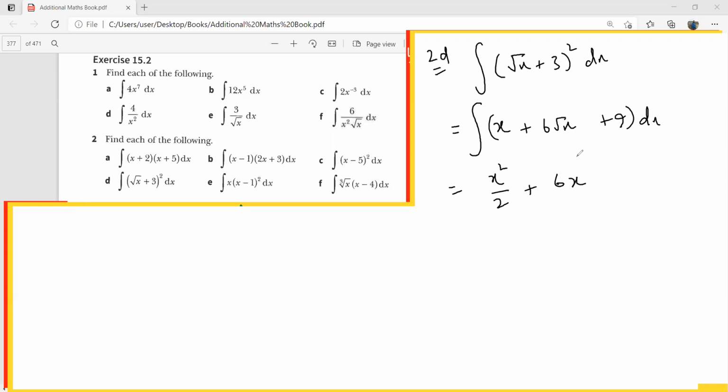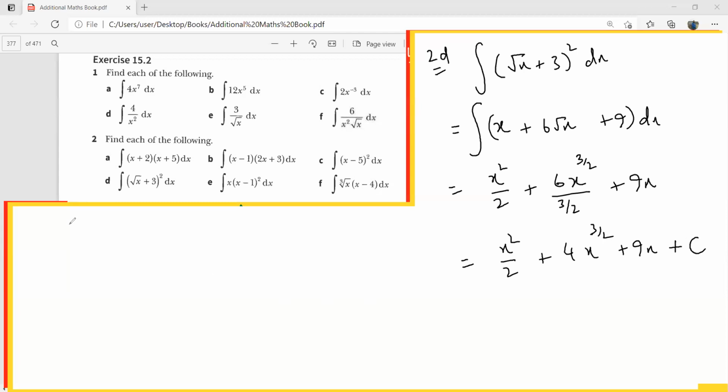So half plus 1 is 3 over 2, or 1.5 can also be written here, over 3 by 2 plus 9x. I don't want to write plus 3 right now. This is x square over 2, and this is going to be 4 x to the power 3 by 2. This is 9x, and here is the plus c.